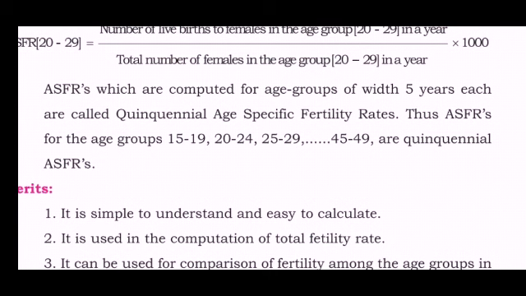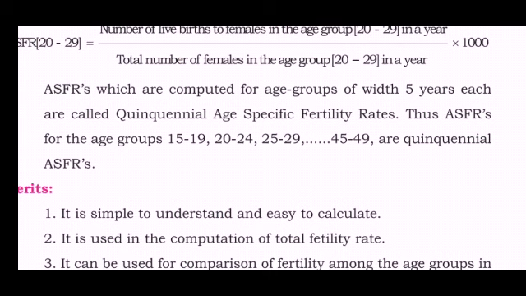Here don't deduct 19 minus 15 is equal to 4. That is wrong. In this span it is an inclusive type of class interval. So 19 year also is included in this. So the width is 5 years. That is, 15 year is included in the group and 19 year is also included. In total, 5 years are covered in each age group.